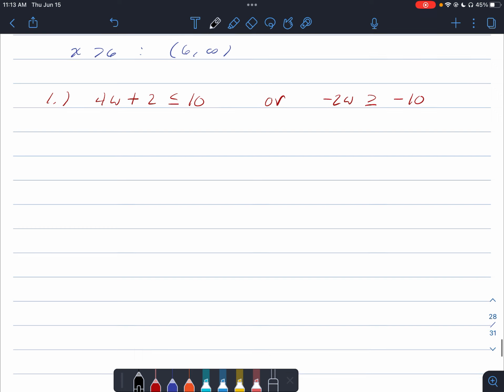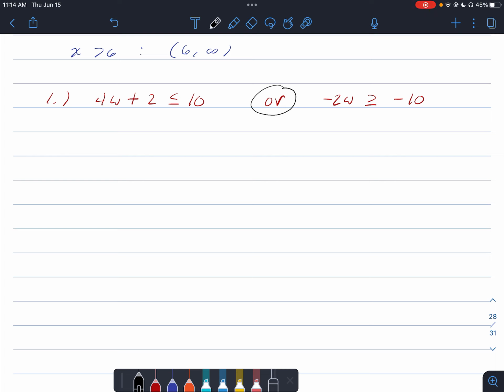Okay, but let's look at a few examples. Okay, so when you're dealing with compound inequalities, you have to pay very close attention to how the inequality is worded. Okay, and what I'm speaking of here is this word here. Okay, so in some cases you'll see the word or, and in other cases you'll see the word and.